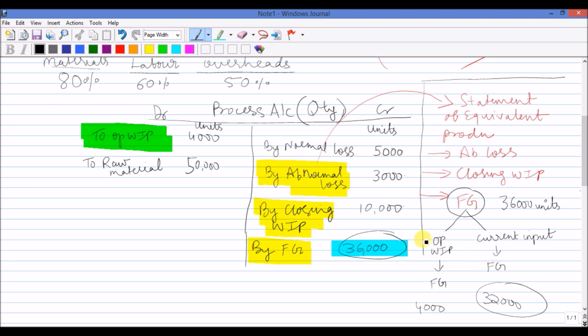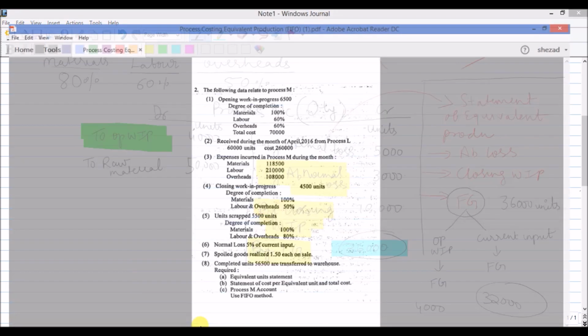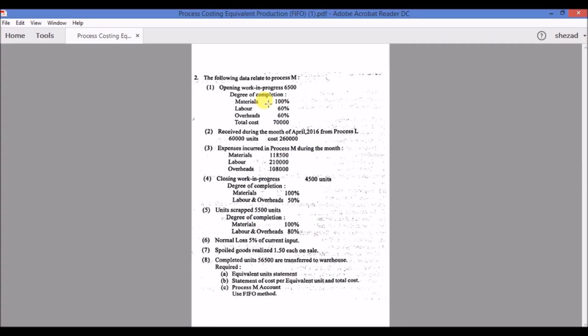So I've given some rough idea of what we are going to prepare, and I think I have to start with the sum. This is the university sum which I have picked up. So let's read it. The following data relates to process M. The opening work in progress is 6,500 units.